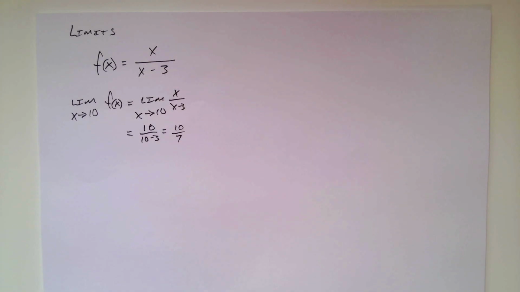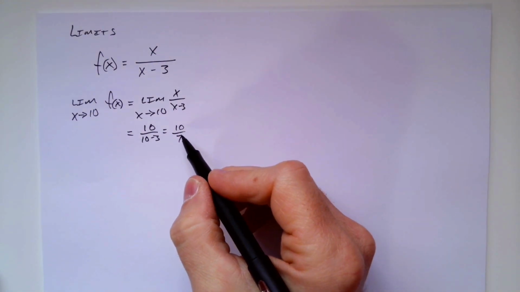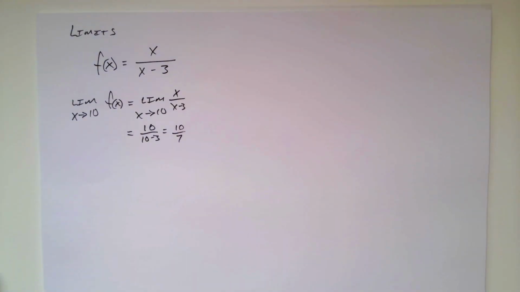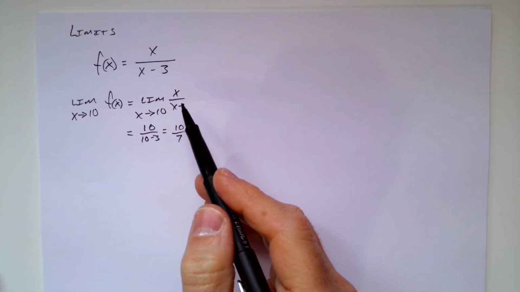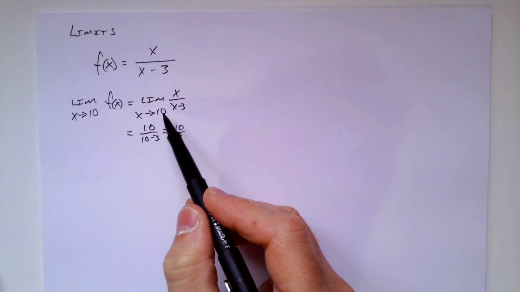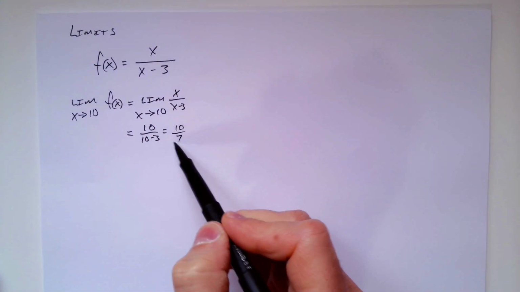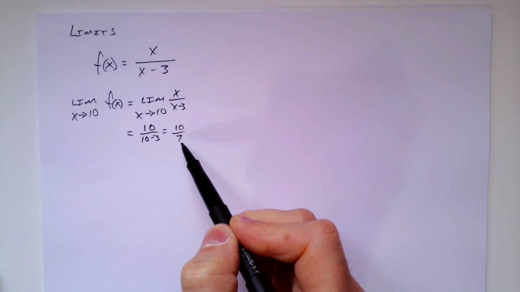But what else can we do with that? What does this really mean in terms of what we've just found? One of the biggest things it means is that when we want an idea of what this function is tending towards, as x is tending towards 10, the y values are tending towards 10 over 7.